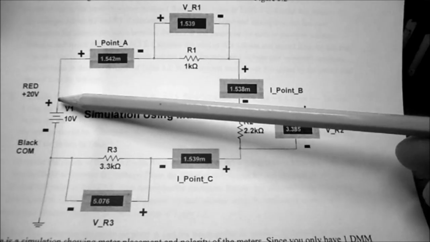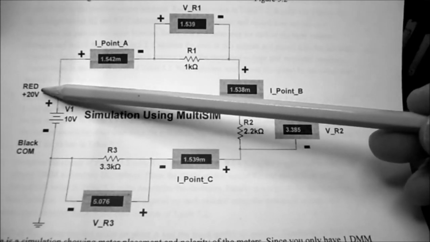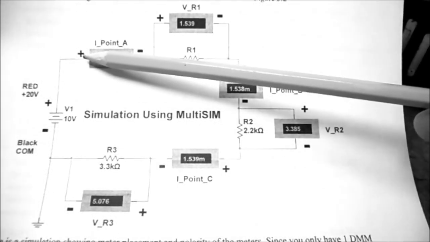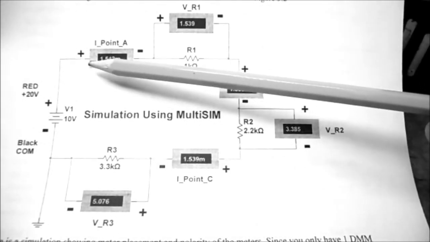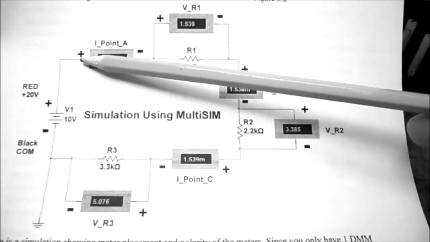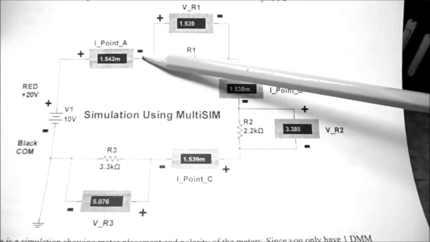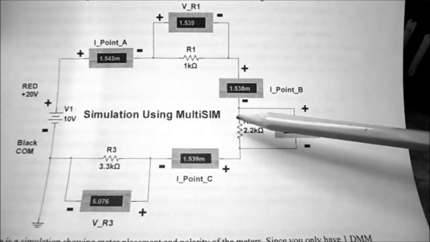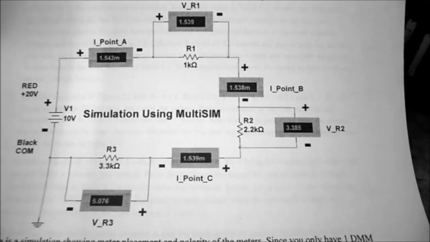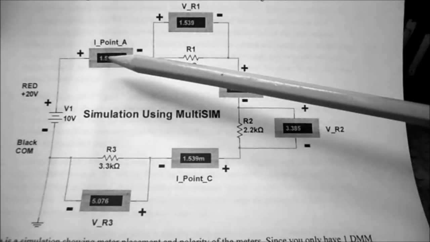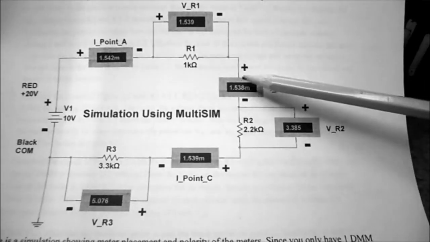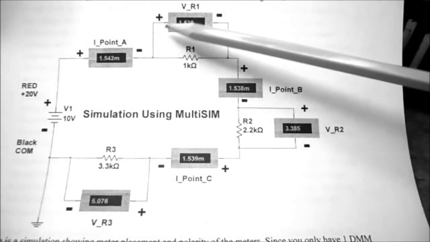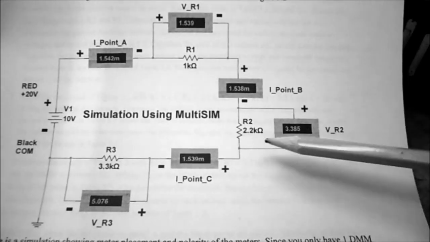I've also labeled the positive side of the supply being red, coming from the 20 volt terminal, and all the plus signs are going to be the red terminals on our ammeter. It's going to be the milliamp hole, and the minus signs are going to be the black common terminals. So we've got all these pointing in the right direction. The only thing to note is you only have one digital multimeter on your bench top, so to take all these readings you're going to have to move your meter around the circuit.